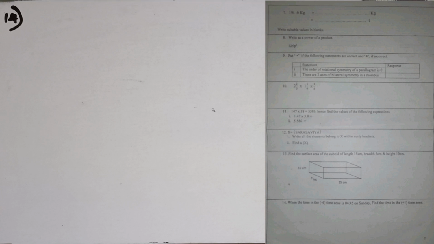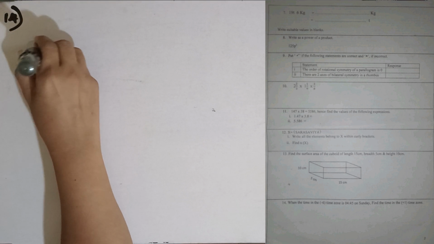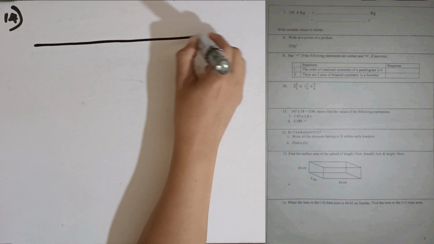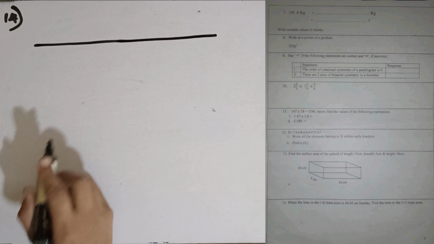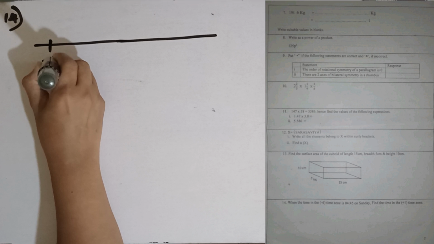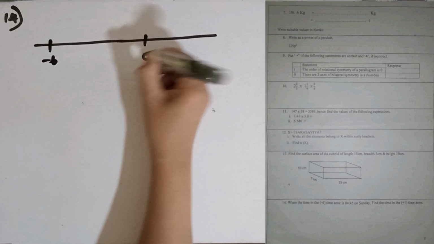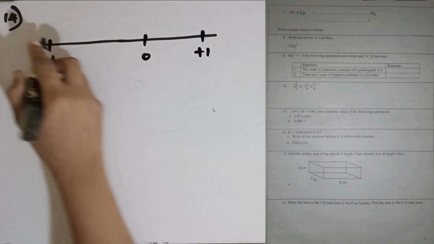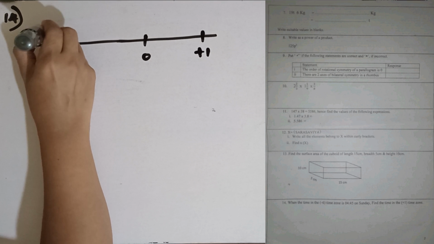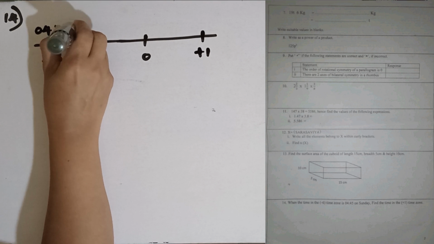Question number 14. When the time in the -6 time zone is 4 hours 45 minutes on Sunday, find the time in the +1 time zone. We can represent this information in a small sketch like this. This is the -6 time zone, then this is the 0 time zone and this is +1. Here the time is 4 hours 45 minutes.